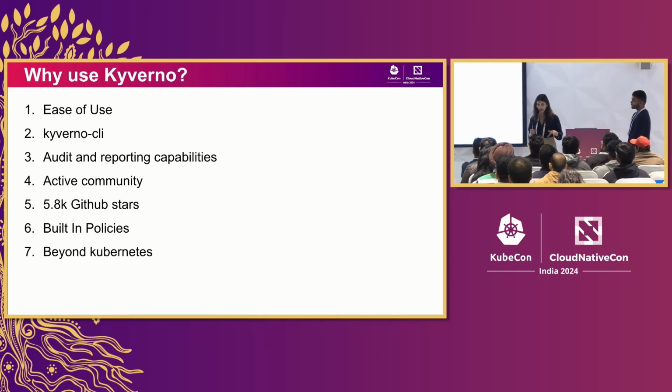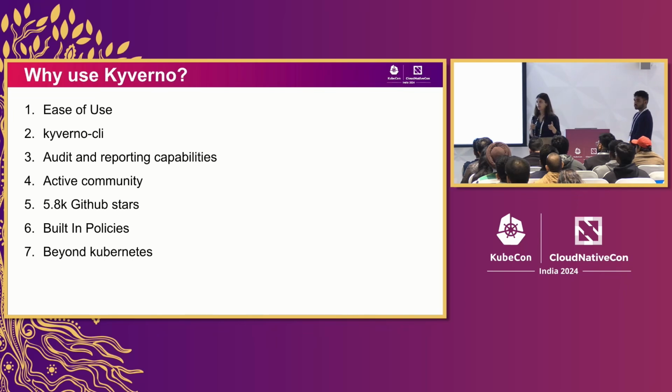Kyverno has a very active community, which is always in conversation about how to make things better, how to make things bigger. It's a project with a little more than 5k GitHub stars. And there's a huge built-in policy set, which covers the standard use cases, of course, but also more than that.